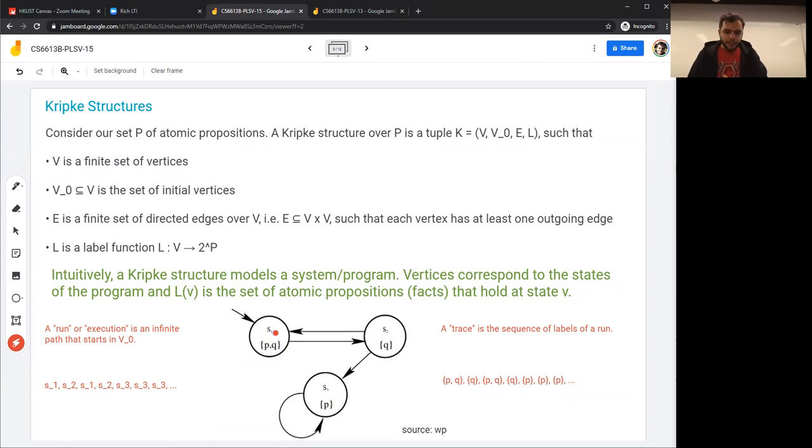And in this state, the atomic propositions P and Q hold. In this state, only Q holds. In this one, only P holds. Right? Okay. So this is a very simple modeling of how programs work and how systems work. We have a transition system, and we also have a labeling function that tells us which atomic propositions hold at every state of the program.